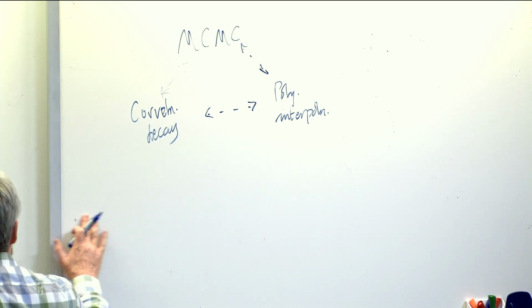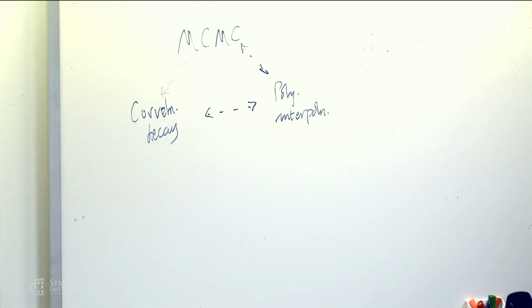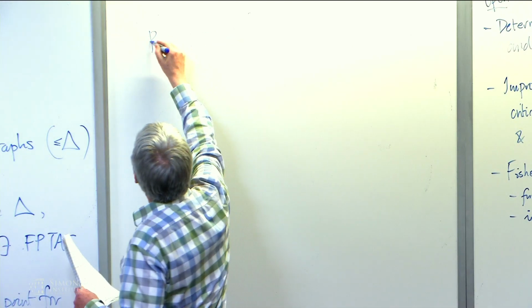And finally, let me mention, I've talked a lot about the Ising model. Another problem where we have a somewhat similar situation is the permanent, or perfect matchings.